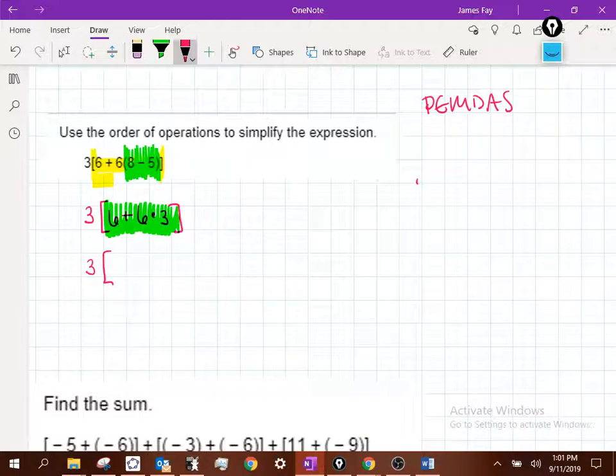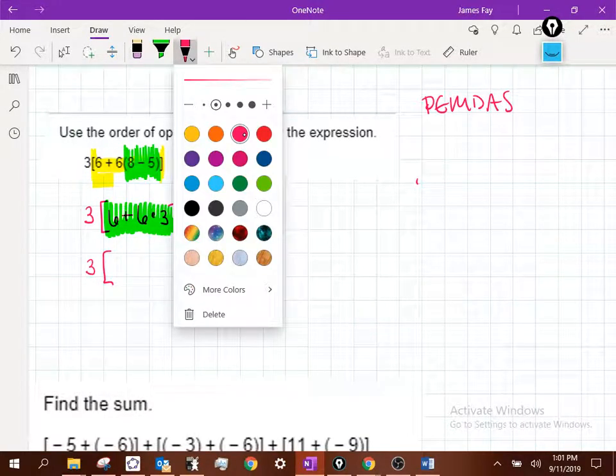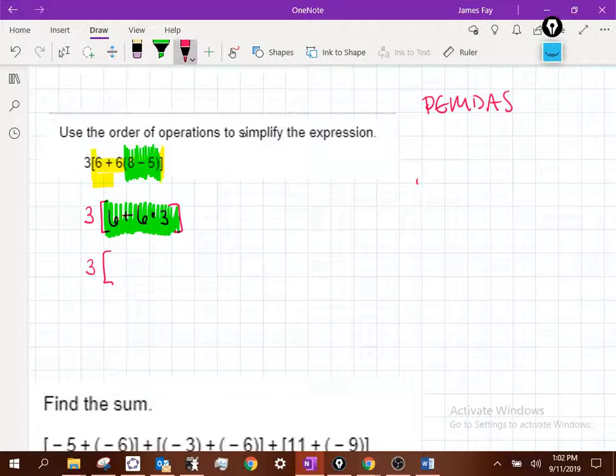What's the thing directly to the left of the dot? 6. What's the thing directly to the right? 3. So those are the only things I do that operation with, right? I'm getting people to want to say, oh, the thing to the left of this dot is 12. Well, that violates the order of operations because then you're doing addition before you're doing that line there.